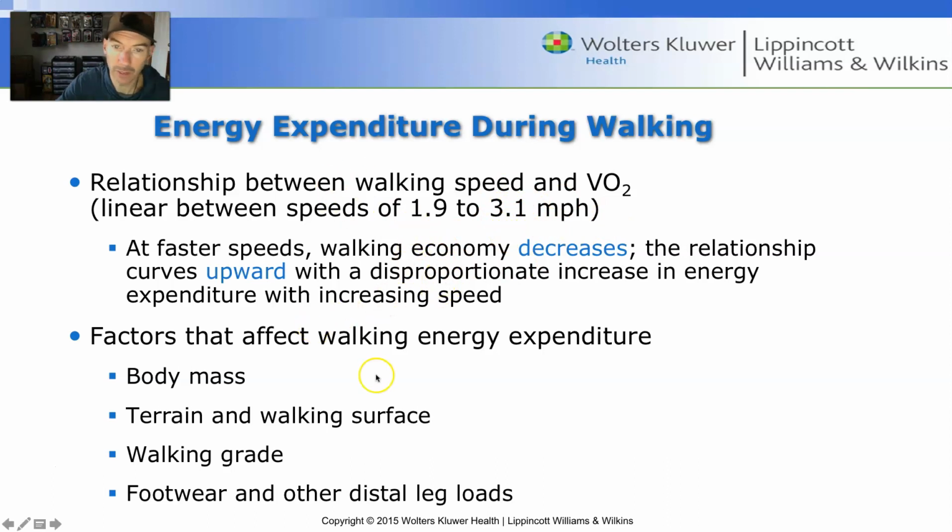Other factors that would affect walking energy expenditure: the body mass. We already sort of mentioned that the more body mass you have, the higher the energy requirement will be to displace that mass against gravity. That's going to pull efficiency down. The terrain or the walking surface. If the terrain and the surface is nice and smooth, efficiency is high. If it's hilly, if the terrain is uneven, that's going to reduce efficiency.